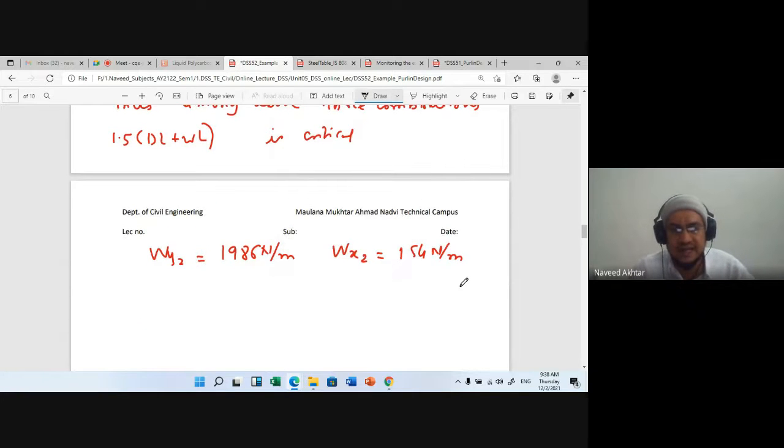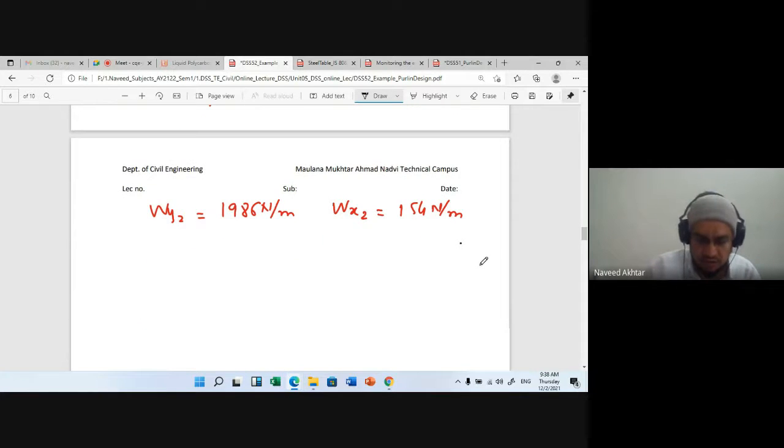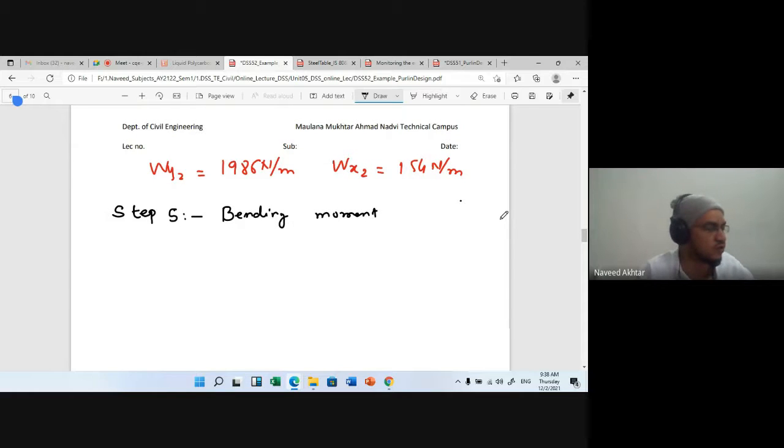Now, the bending moment you have to find out is step number 5. You have to find out the bending moment in x and y direction, in vertical and horizontal both components, because the two components of loading are there.